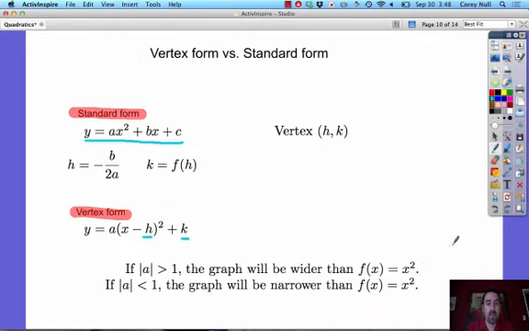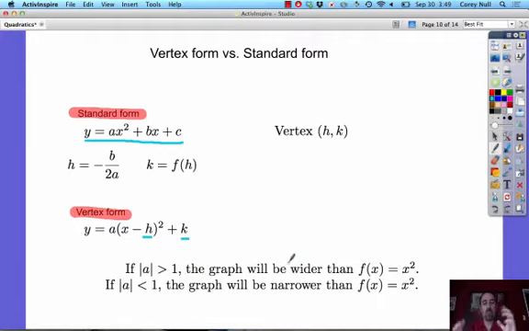And then here's a little bit of a guide. What we're saying is that if the absolute value of the number is bigger than positive 1 or less than negative 1, it makes the graph taller. It's pulling like taffy, taller.